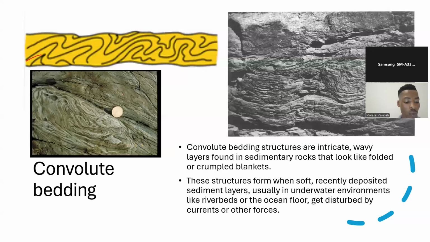We can now see that they are highly crumpled. The type of rock in which you normally find convolute bedding would include sandstone or shale.